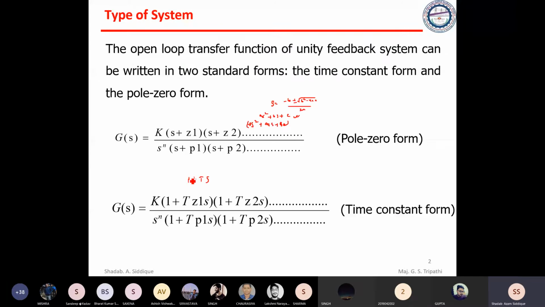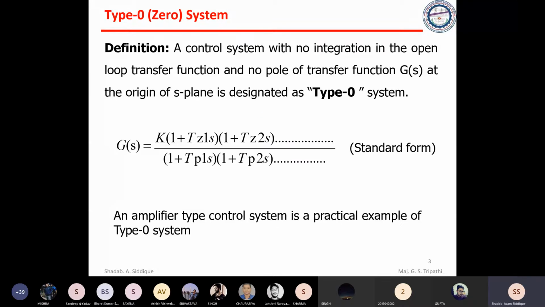After finding time constant form and pole zero form, we went through the type of the transfer function, and the type of the transfer function can be found out from the standard time constant form. That is when s to the power n, maybe it is 0, maybe 1, maybe 2. Depending on the n value, the type of the system will be decided.